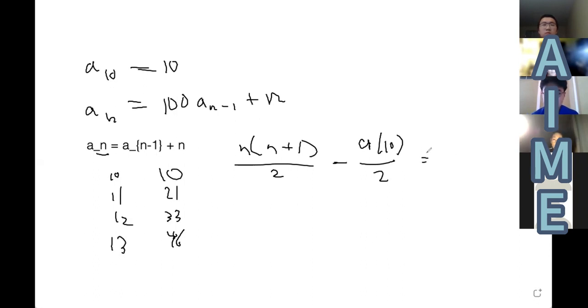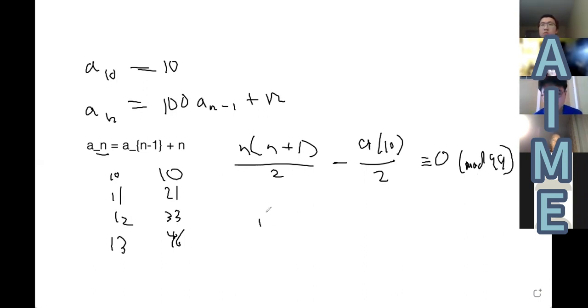And we wanted this to be 0 mod 99. Basically you combine the fractions and the numerator has to be divisible by 99, since 2 is relatively prime to 99.